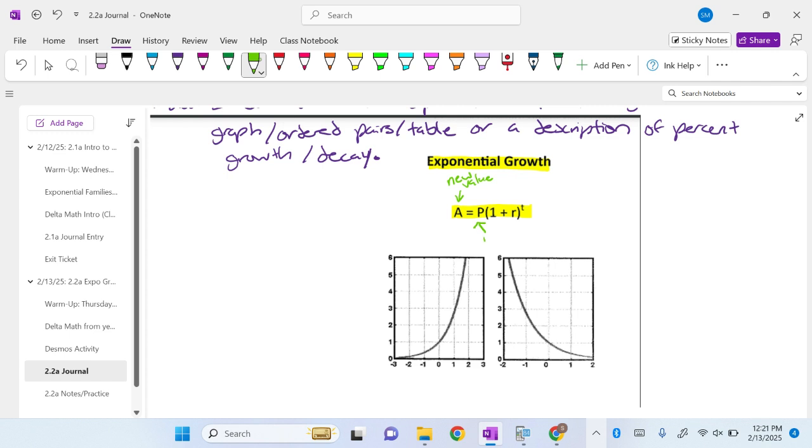Your P stands for your principal, which is just a fancy name for initial value. Your R is your rate. Again, that's typically given as a percent in the word problem. And then your T is units of time, so any unit of time: years, months, minutes, whatever.